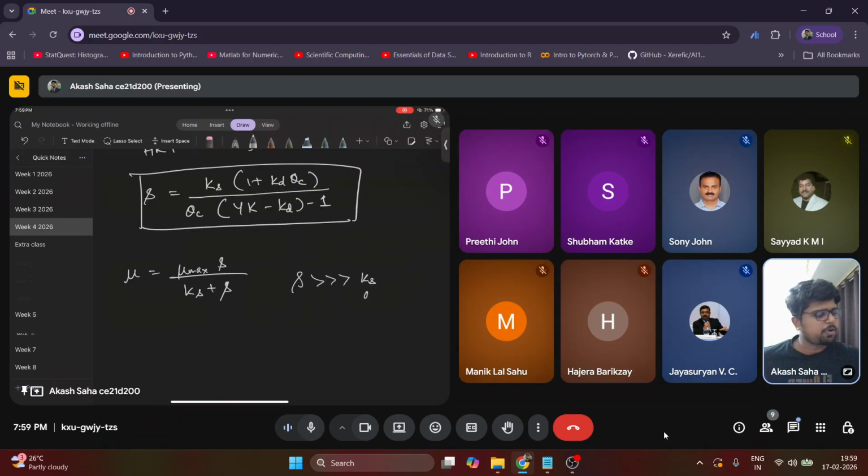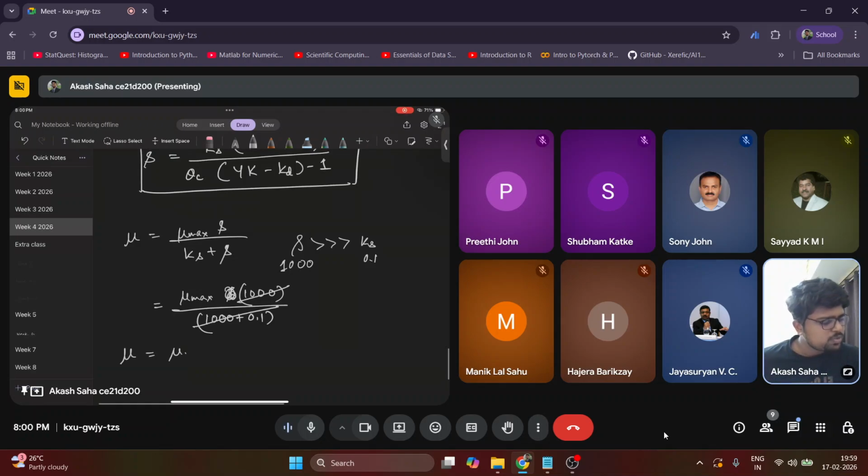Suppose I put Ks as 0.1 and S is around 100 or 1000. That means our provided substrate is very high compared to the half saturation substrate. The top remains S, or 1000, so mu max into 1000 divided by 1000 plus 0.1, which is almost equal to 1000. So this cancels out and we get mu equal to mu max.